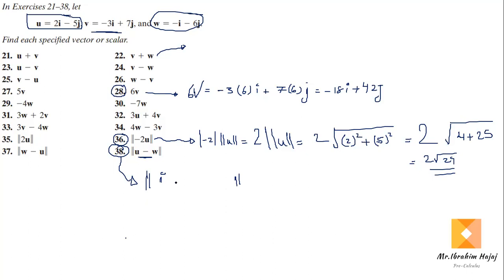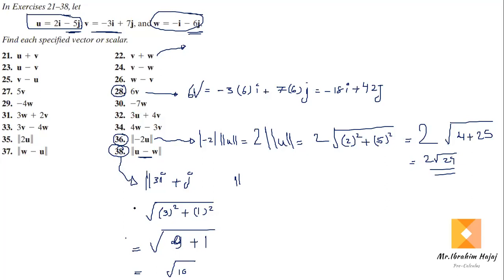So u minus w is 2i minus i, which is 3i, and negative 5 minus 6 which is... negative 5 plus 6, so plus 1j. The magnitude is then square root of 3 squared plus 1 squared, which is 9 plus 1, so square root of 10.